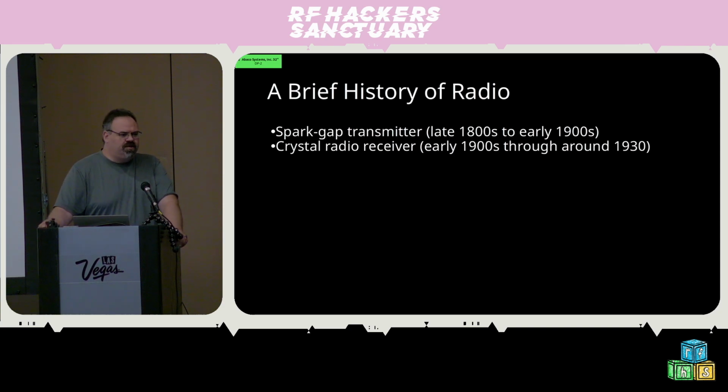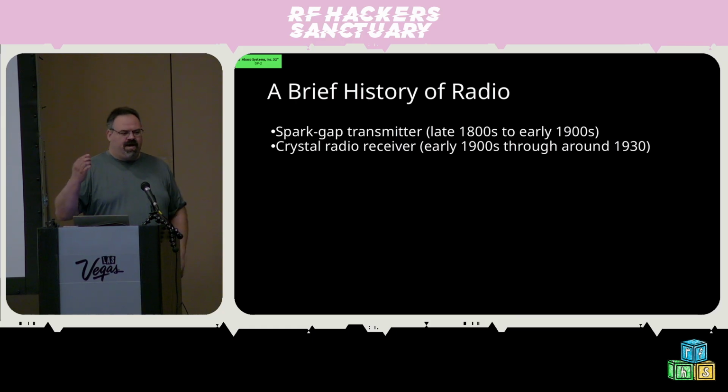Crystal radios made use of a tuned circuit. You have an inductor or some sort of coil and some type of capacitor. You can have an actual capacitor, or you could use parasitic capacitance of the antenna, which I'll talk about a little bit more later.